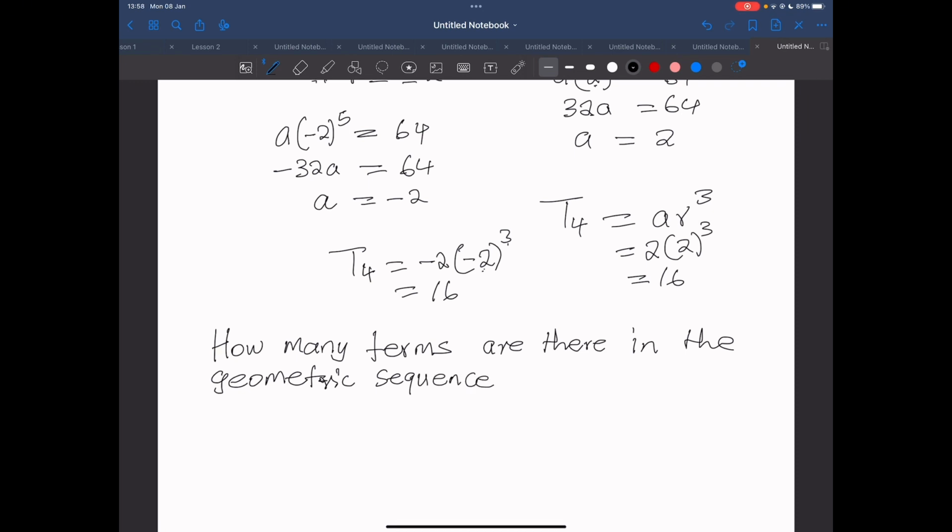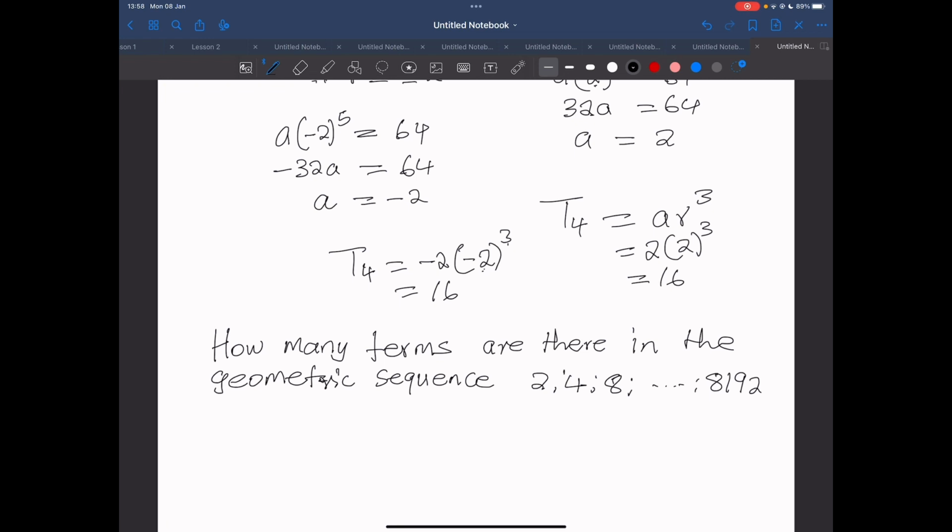Let's take the same sequence 2, 4, 8, and let's put the last term as 8192. So this is a geometric sequence with terms from 2, 4, 8 up till the last term being 8192. So we want to know how many terms are there.